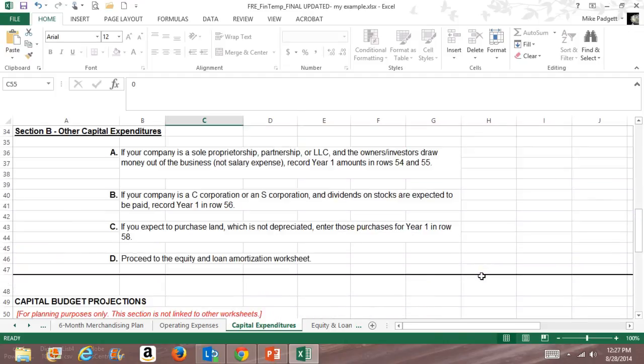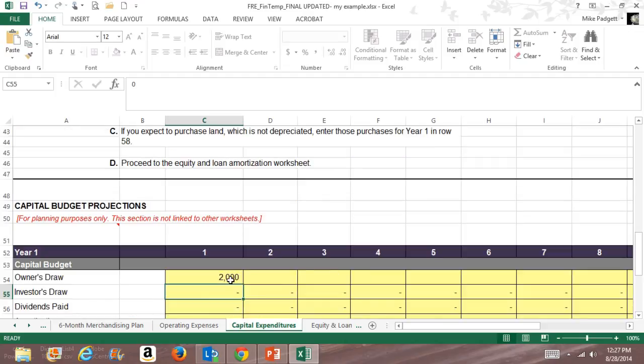So this is where I was talking about if you're a sole proprietor, you withdraw money out of the business and not a salary expense. So if you are going to be a sole proprietor, you would take draws as your salary. So this is where you're going to want to put in how much you plan to pay yourself each month.